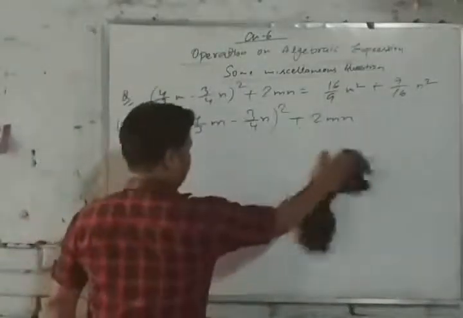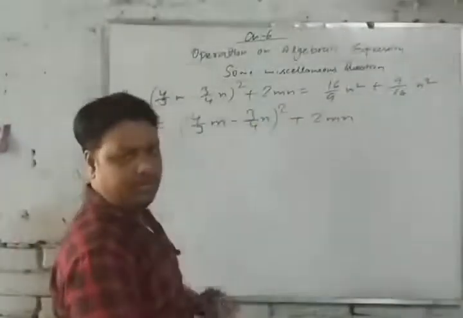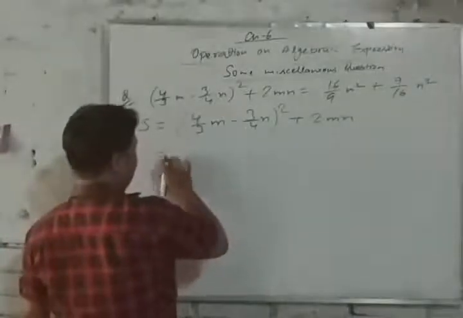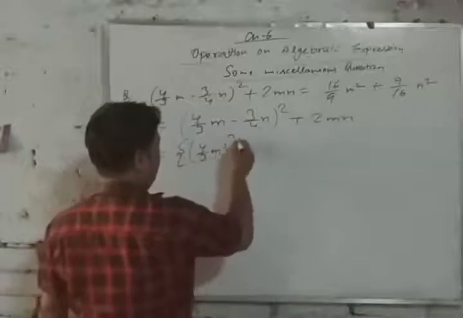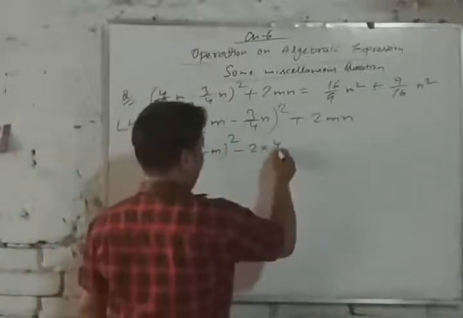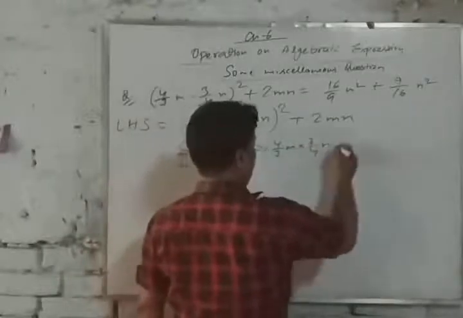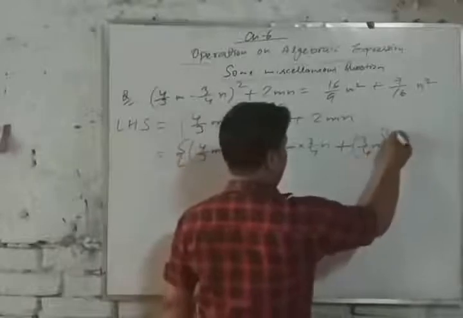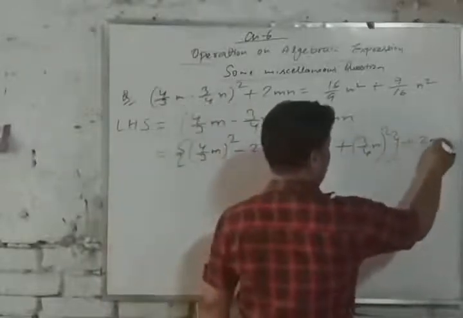Now we will apply which formula? A minus b to the power 2, that is a minus b whole square, which is equal to a square minus 2ab plus b square. That is 3 by 4n to the whole square. Then close middle bracket. After that plus 2mn.